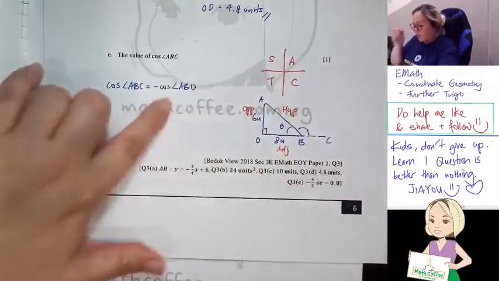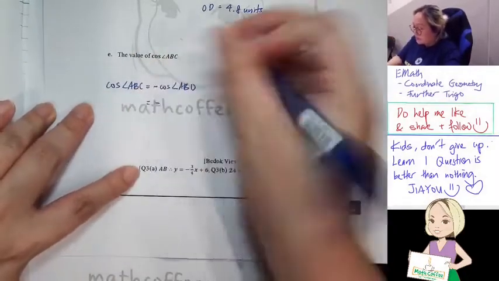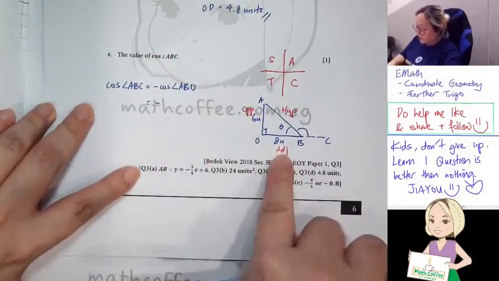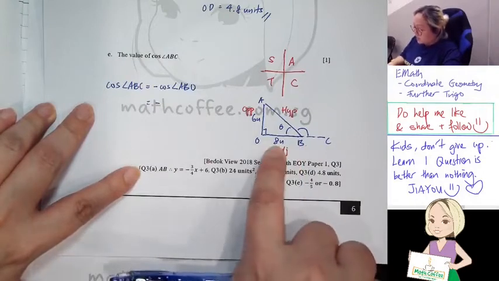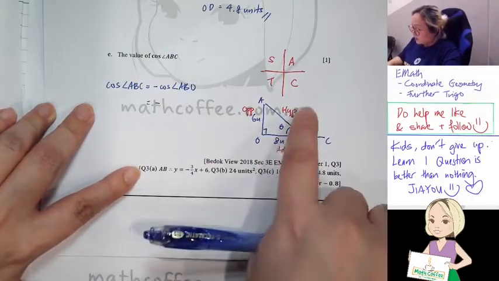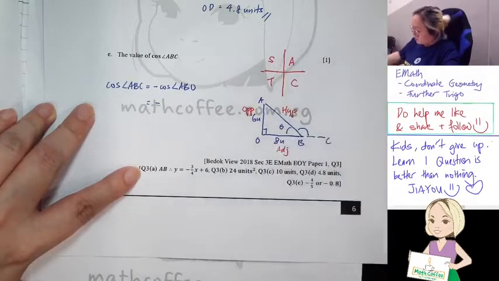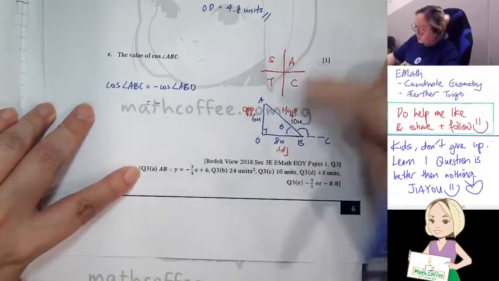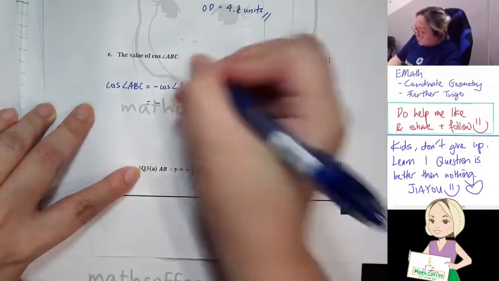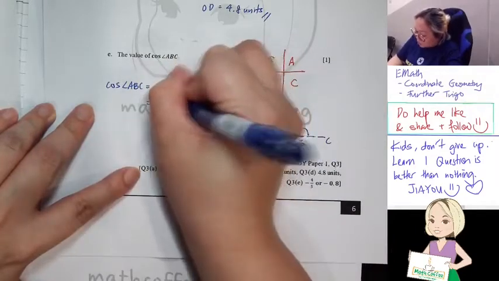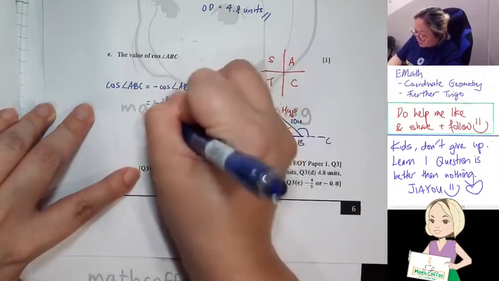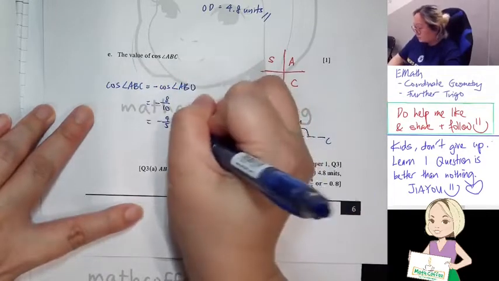So over here, I will say it is equal to minus cosine ABO, which is A over H. So it will be 8 over hypotenuse. I forgot to write, this one is 10 units. Just now AB we already found. So it will be minus 8 over 10, which is negative 4 over 5. And we're done.